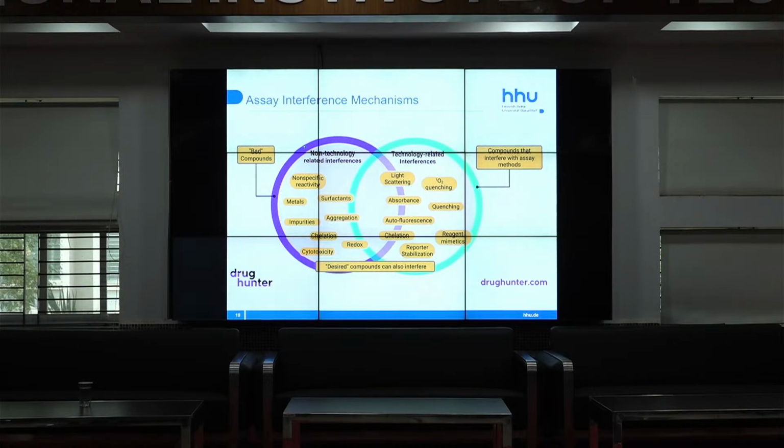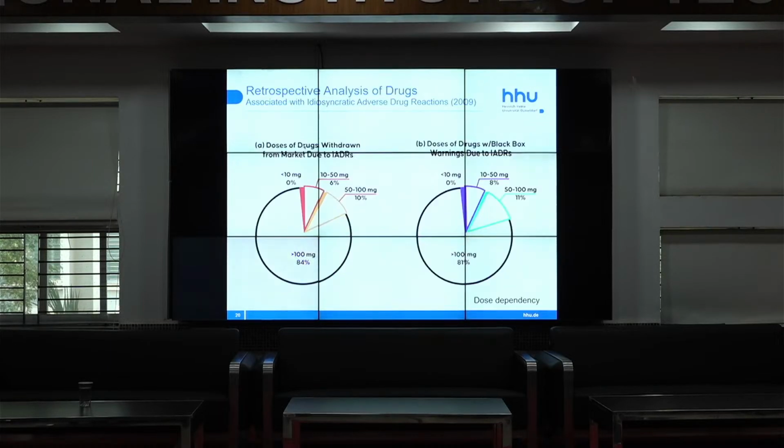This means we have to see in which way these assays can interfere with the different structures. What we also want to know is the number of the different interactions, and you see here different possibilities for interaction and retrospective adverse drug reactions.